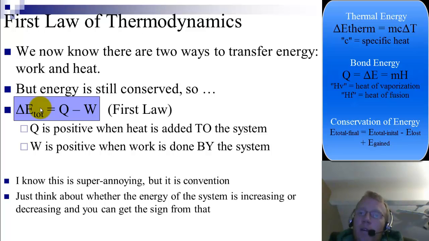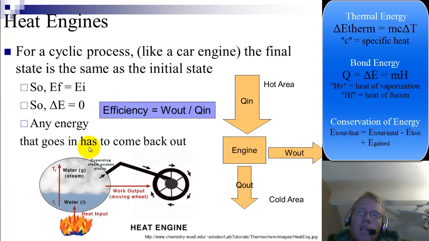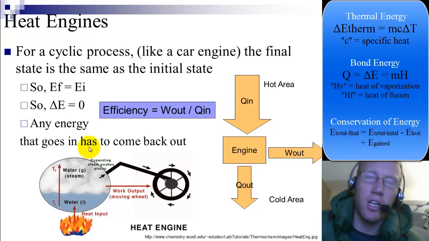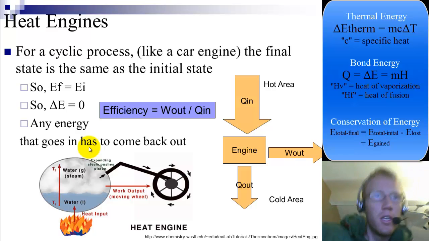And if heat flowed out of my object, it lost energy. And I can keep track of the positive and the negative signs just using that kind of logic. So I would encourage you to do the same and not try to memorize this formula and plug stuff in, but just actually use your conceptual understanding of which way the energy is going to decide whether it should be positive or negative.